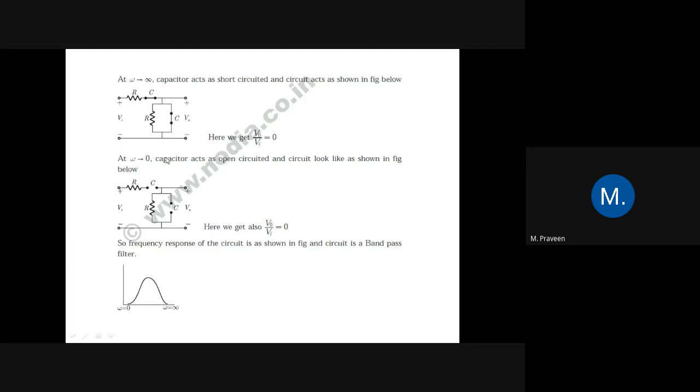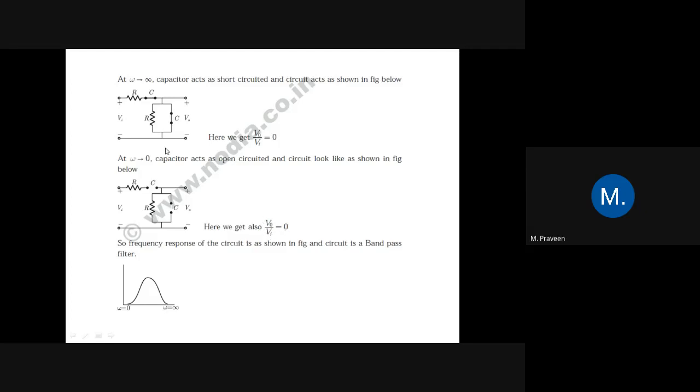Similarly, if omega is equal to 0, the capacitor is open circuit. For omega equal to infinity, the capacitor is short circuit; for omega equal to 0, the capacitor is open circuit. Therefore there is no current flow through the circuit, and again V naught is equal to 0, so V naught by VA is equal to 0.